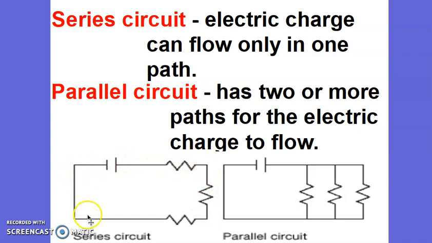And in a parallel circuit, it has two or more paths for electric charges to flow. So here there is one path in here and then another path in here and then another path in here. So there are three paths in here. So what makes them different? So I'm going to explain it more.